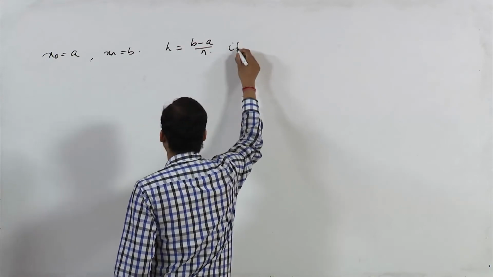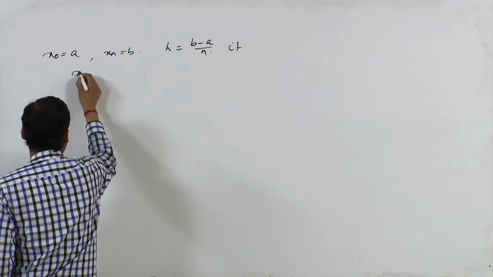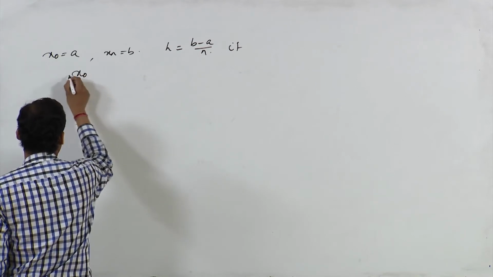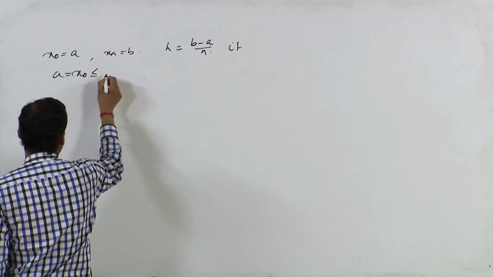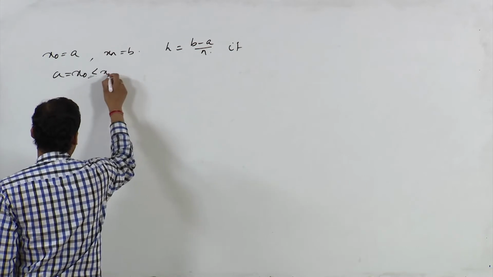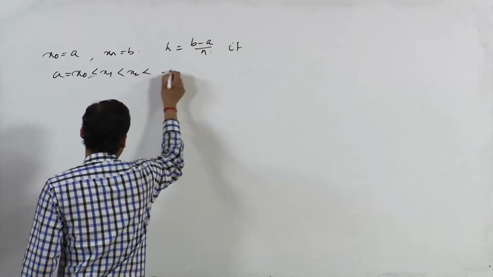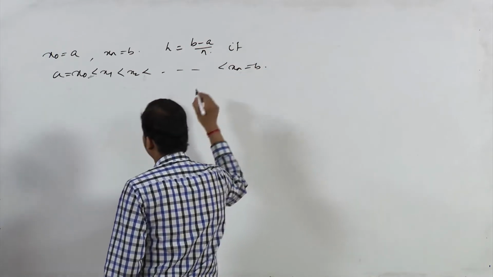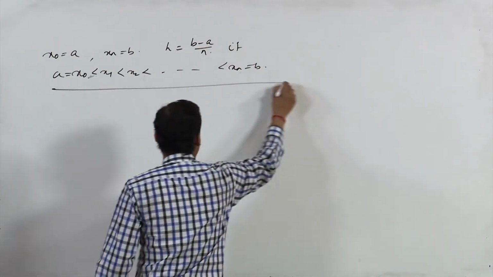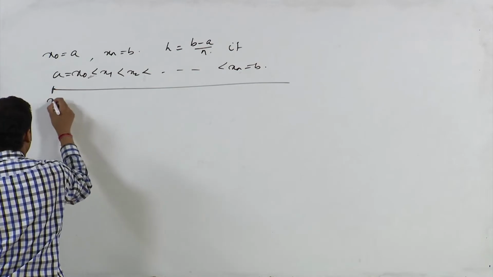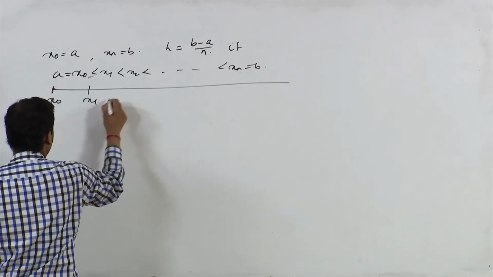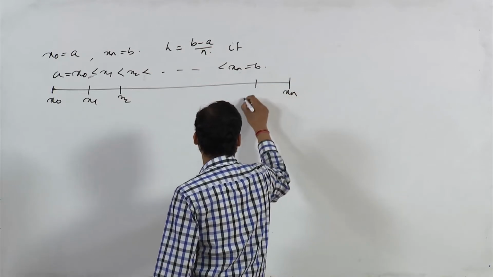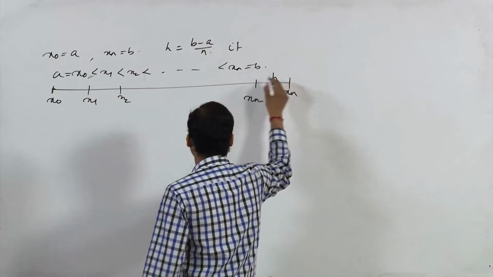We can define these tabular values in the form x0 equals a, less than x1, less than x2, up to less than xn equals b, and all these points are equispaced, suppose x0 then x1 then x2 up to xn here. So, all are equispaced here.